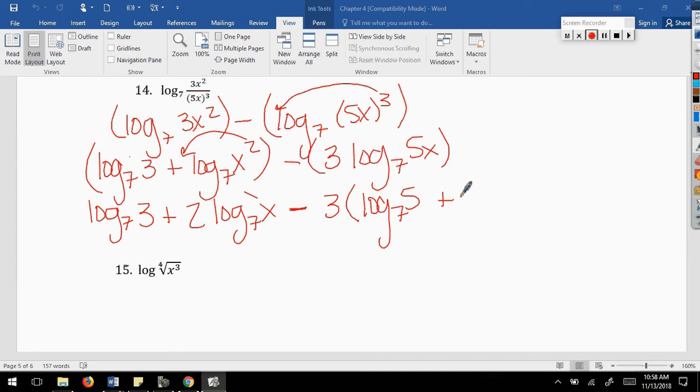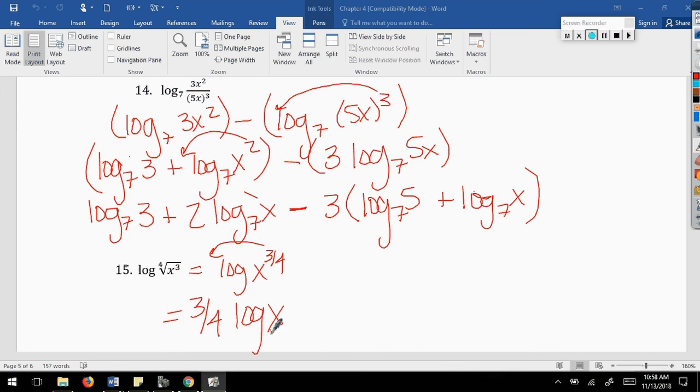So I'm kind of moving my parentheses a little bit here so that the 3 can be applied to both of those. Log base 7 of x. And this is completely expanded. You could leave it just like this. Now this one is easier than it looks. I'm going to change this to exponential form, and the only thing that I can do here to expand is to bring that exponent around front and multiply.